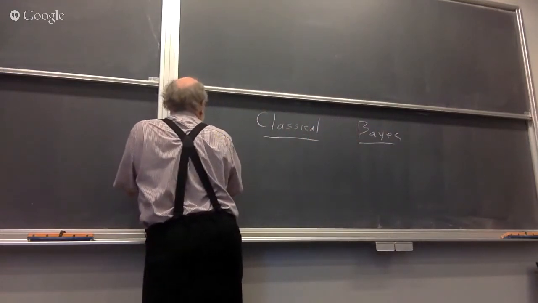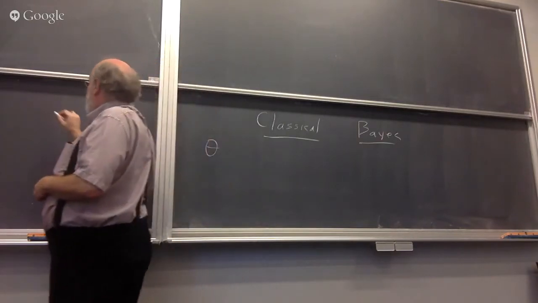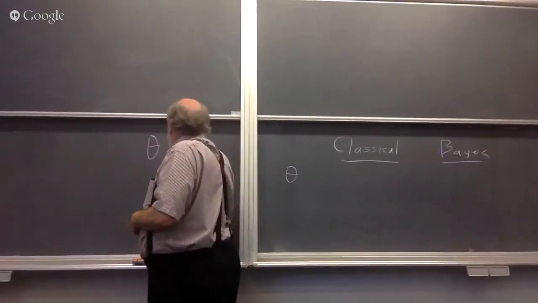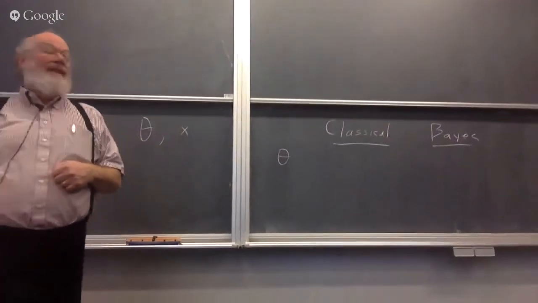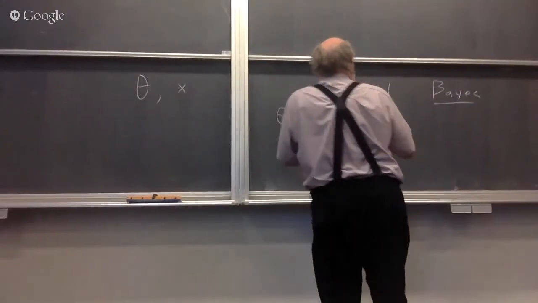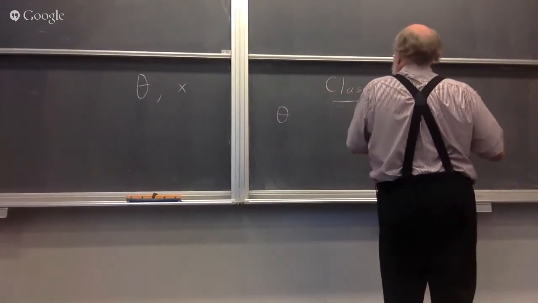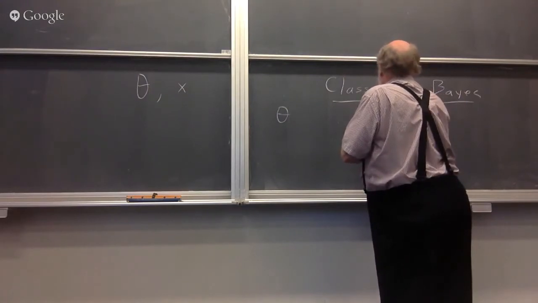So first of all, let's just think of a simple case where we have some parameter theta we want to know and some data x from which we want to determine it. In classical statistics, theta is regarded as fixed.